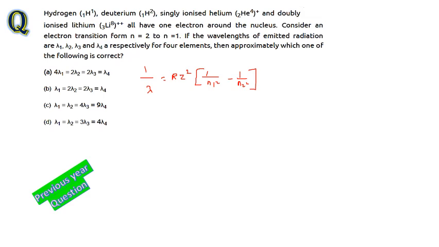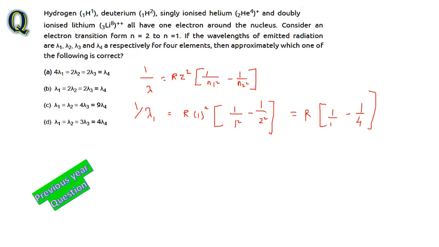For the first one, 1 by lambda 1 is equal to R into the atomic number for hydrogen, 1 square, into 1 by 1 square minus 1 by 2 square, since n1 is common in all cases. So R into 1 by 1 minus 1 by 4 gives 4 minus 1, 3, so 3 divided by 4, that is 3R divided by 4.